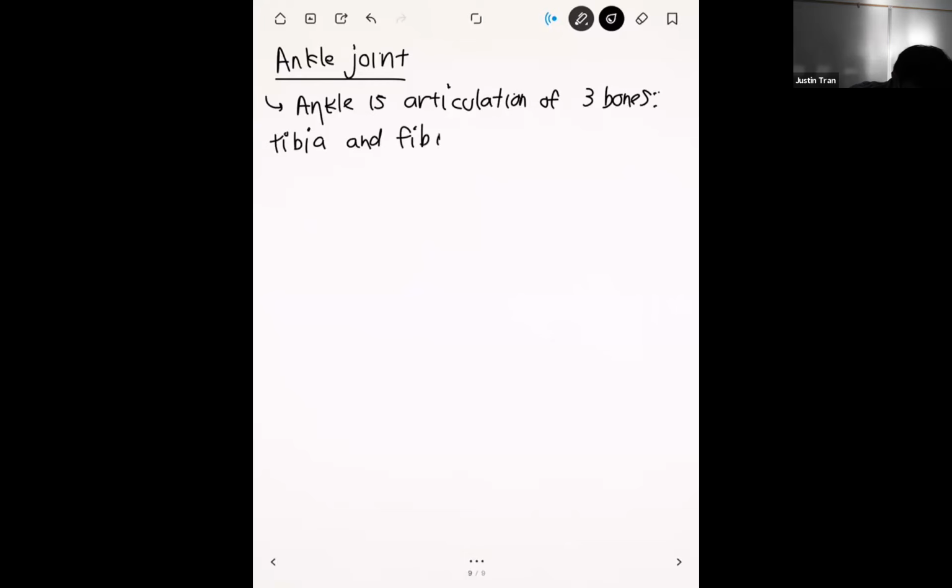Okay. And so both of your shin bones actually come and attach at your ankle to some degree. Okay. And then the 3rd bone, of course, is your foot bone, which is the talus. Talus specifically being your heel bone. Okay. And so primarily your ankle joint is a hinge joint, but it does allow some other motions as well. But mostly it's considered mostly a hinge.